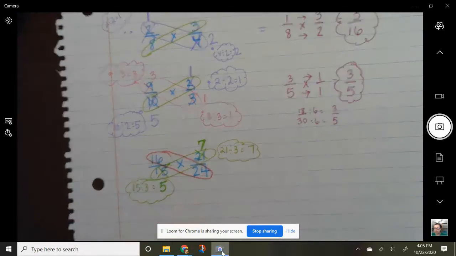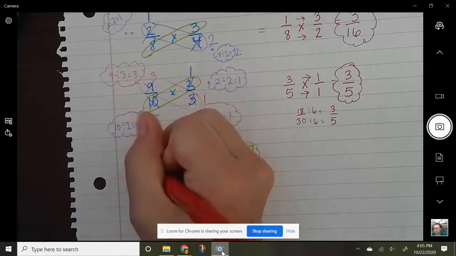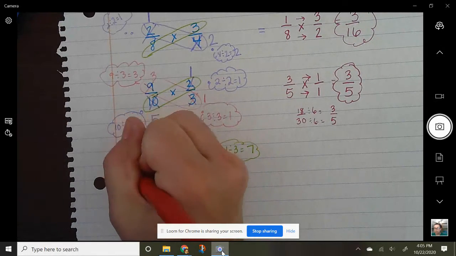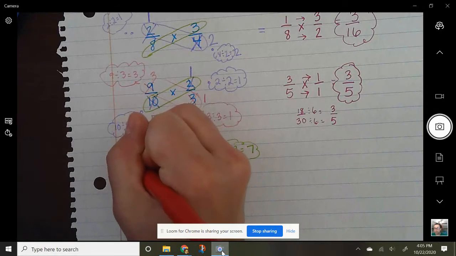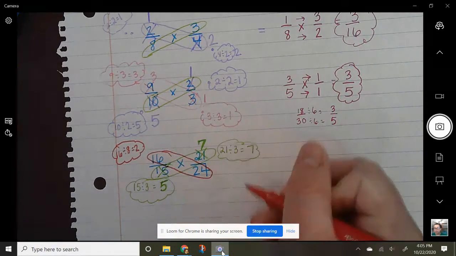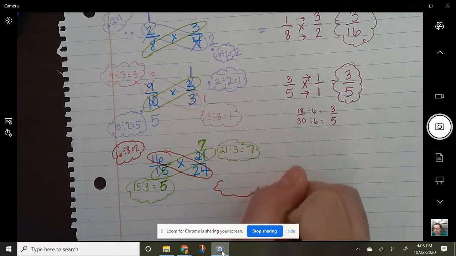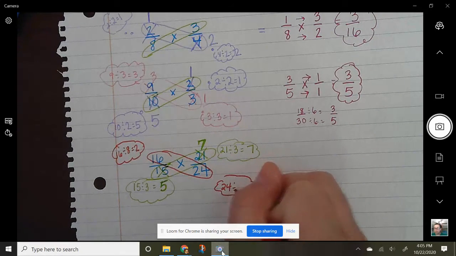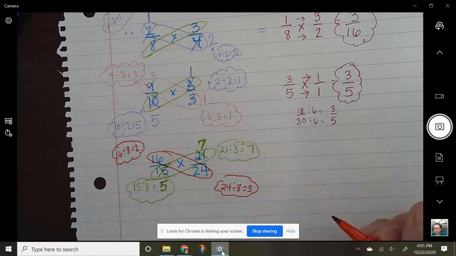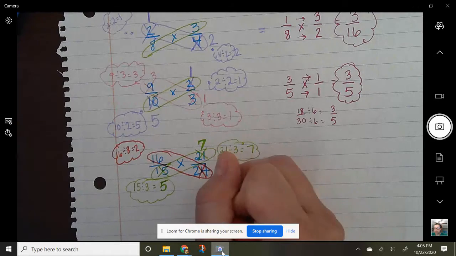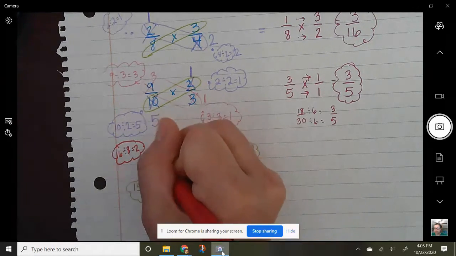I'm going to divide them both by 8. So over here, I'm thinking 16 divided by 8 equals 2. And over here, I am thinking 24 divided by 8 equals 3. Cross it out, put a 3. Cross it out, put a 2.